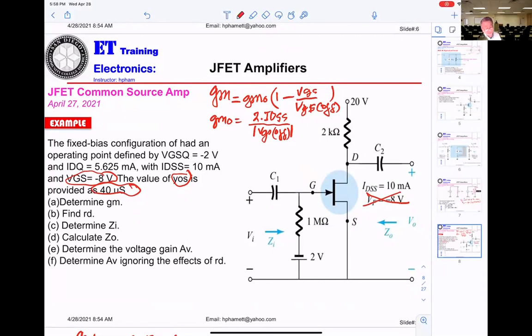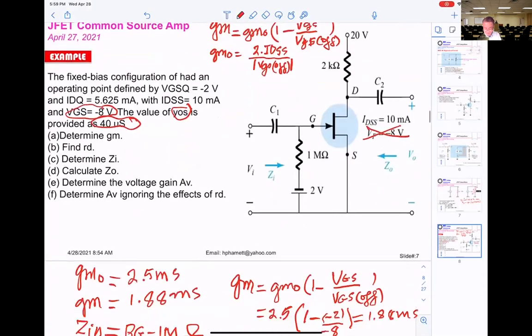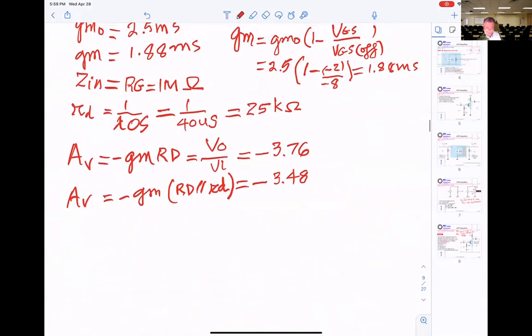I started teaching in 1985, and for about five years we were not teaching anything about the JFET. G0 means output impedance. Try to get along with that.